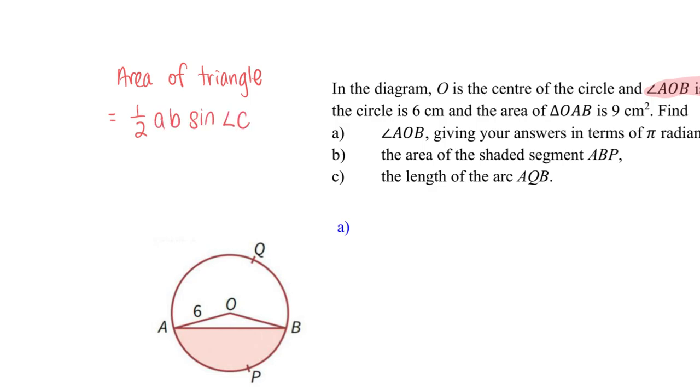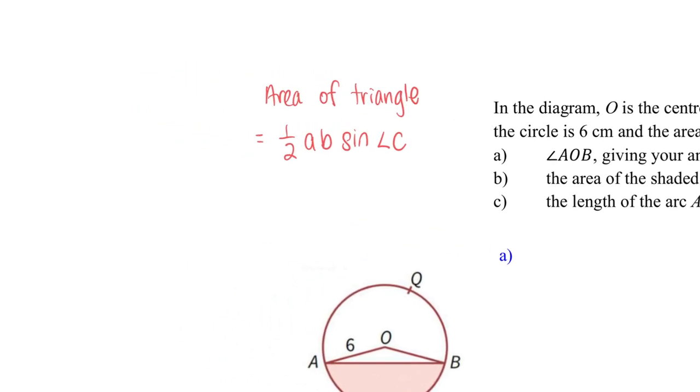Given any triangle, if I know this length and this length, then this is the middle included angle C. Then I can easily find the area of a triangle using this formula.